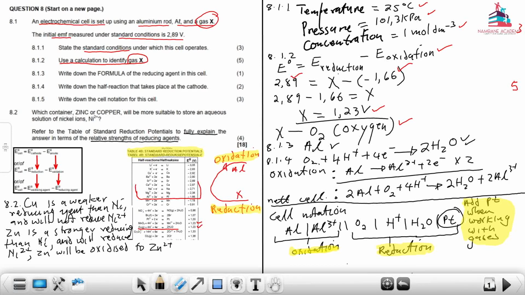And that is not what we want, because if it is oxidized, it means we are going to have a reaction. So the final answer here allows us to say copper is the correct answer. The information is in the table of standard reduction potentials.